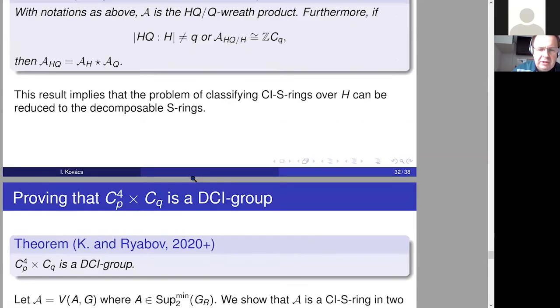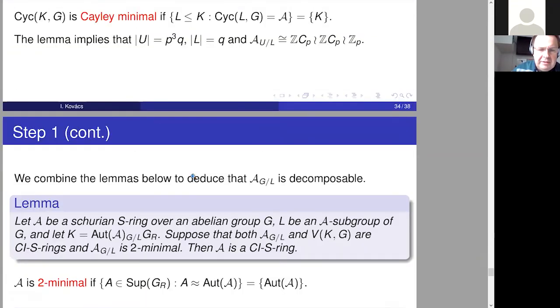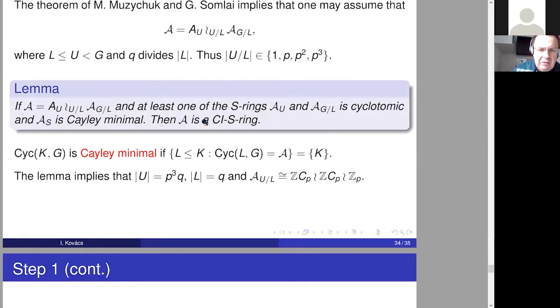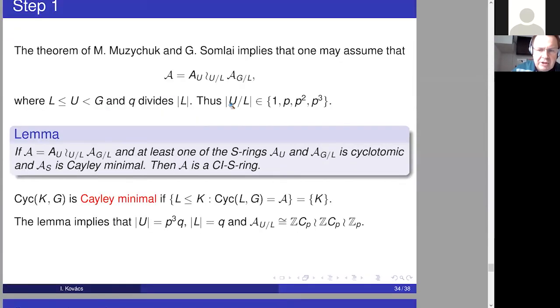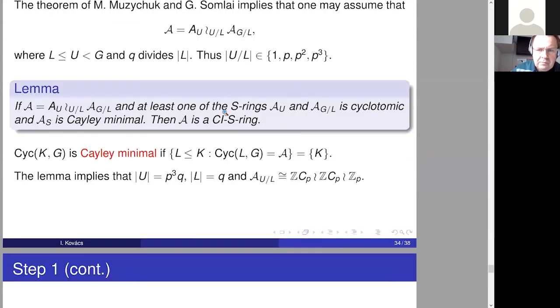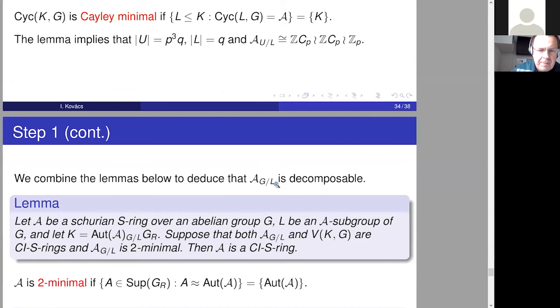And so using this, we immediately can exclude p squared; we can prove that these assumptions hold. So we can assume that actually U/L should be p^3. So U should be p^3 times q, L should be q, and also Cayley minimality implies that the induced S-ring should be this product.